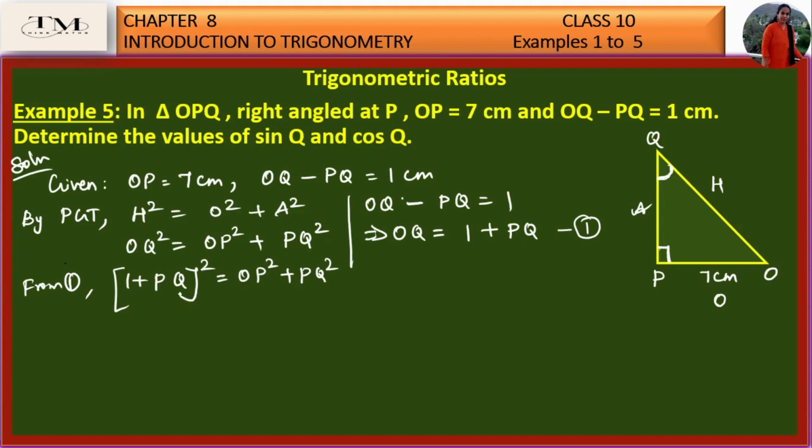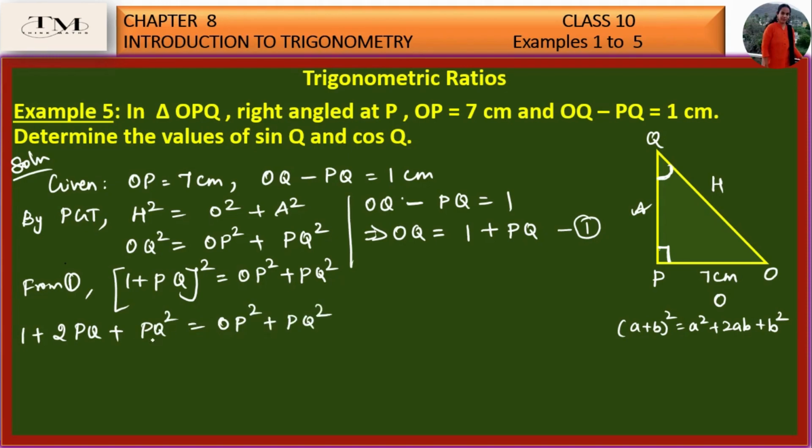So this is nothing but A plus B whole square. So what is A plus B whole square? A square plus 2AB plus B square. So applying this formula, A square is 1 square, which is 1, plus 2AB, 1 into PQ is PQ, so 2PQ, plus B square, which is PQ whole square, equal to OP square plus PQ square.